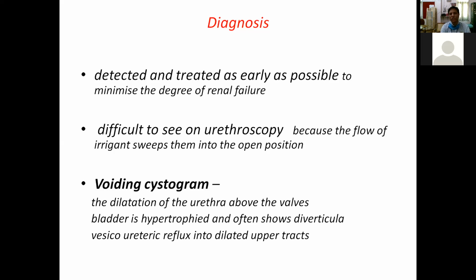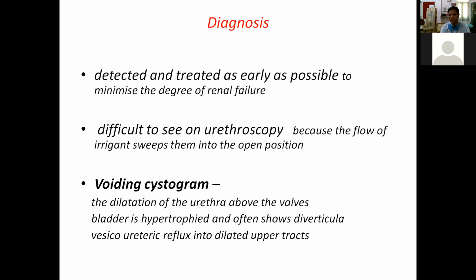Unless you have thought of the disease and look carefully in the posterior urethra, you will easily miss these posterior urethral valves. So whenever you suspect posterior urethral valves, you must look carefully at the posterior urethra, or it is better to go for a voiding cystogram, not a simple cystogram.